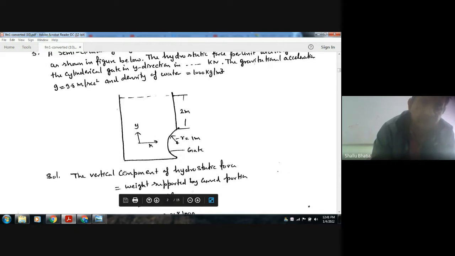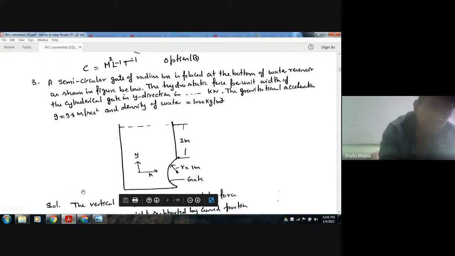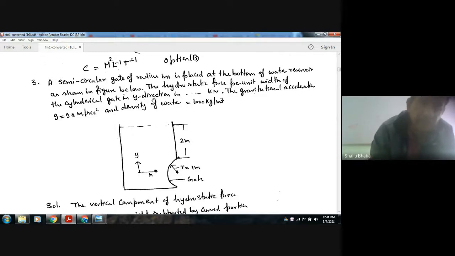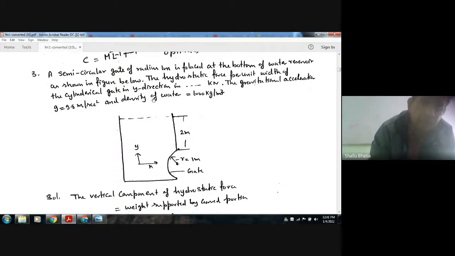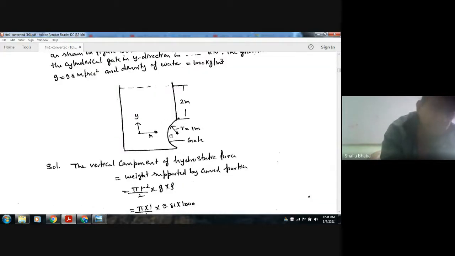Okay. So the hydrostatic force per unit width on the cylindrical gate in y direction. In y direction means the vertical force is required. So the force on this gate will be the weight supported by this area of the gate, for the curved portion.